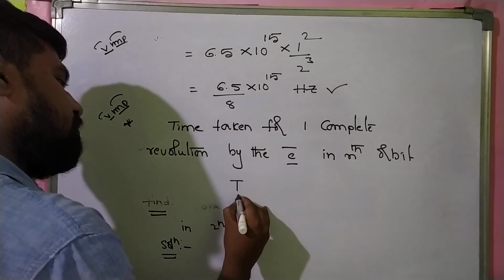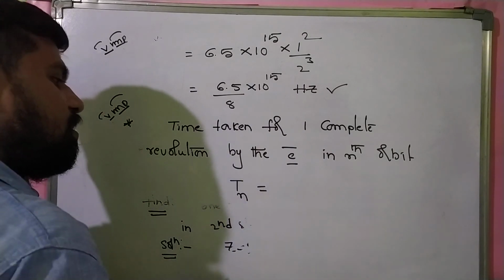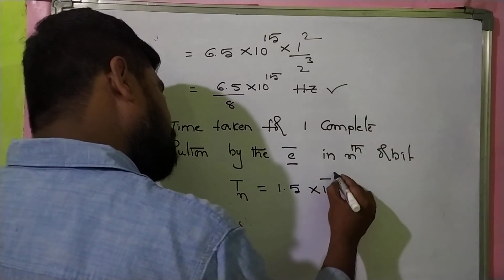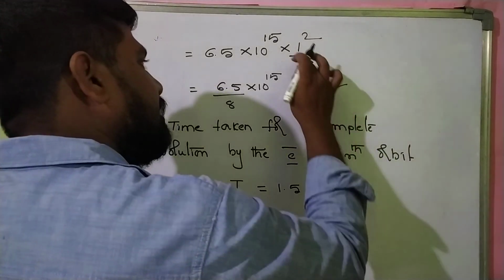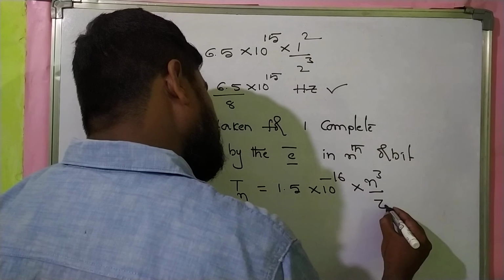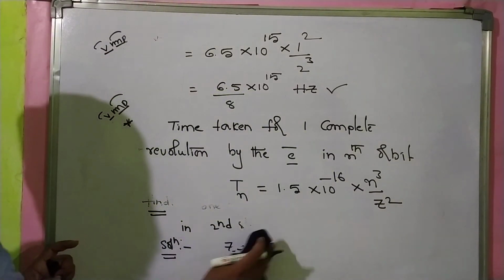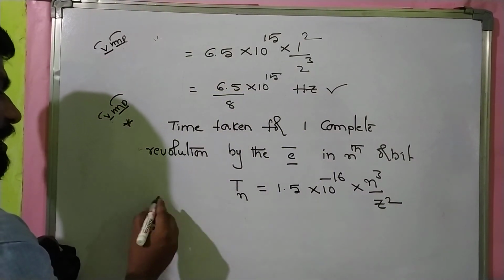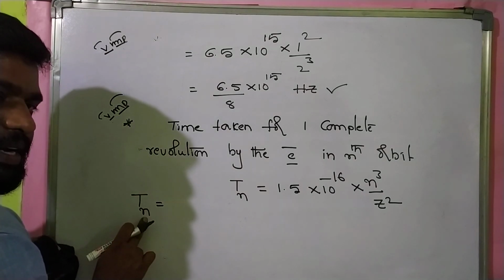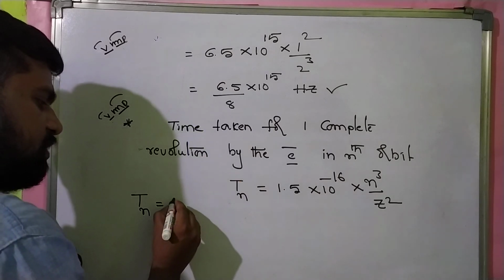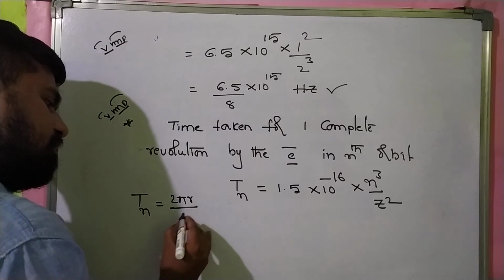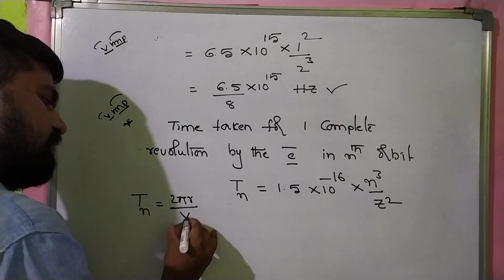The formula is given like this: 1.5 into 10 to the power of minus 16, here reversed, just reverse, n cube by Z square. The simple formula is Tn, the time in the nth orbit for one revolution, that is circumference by velocity.